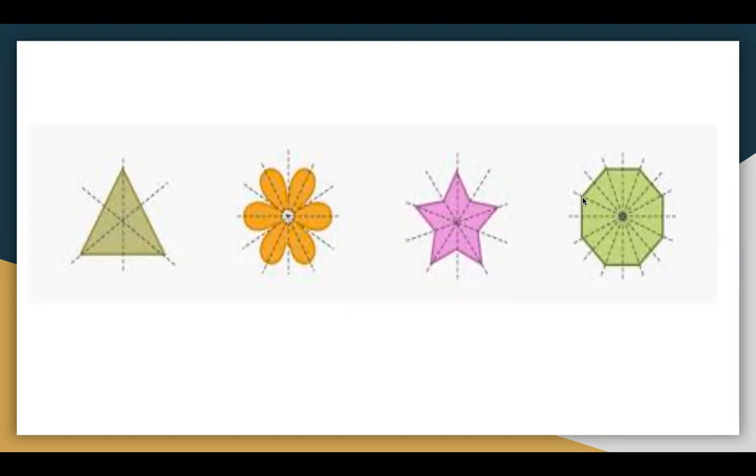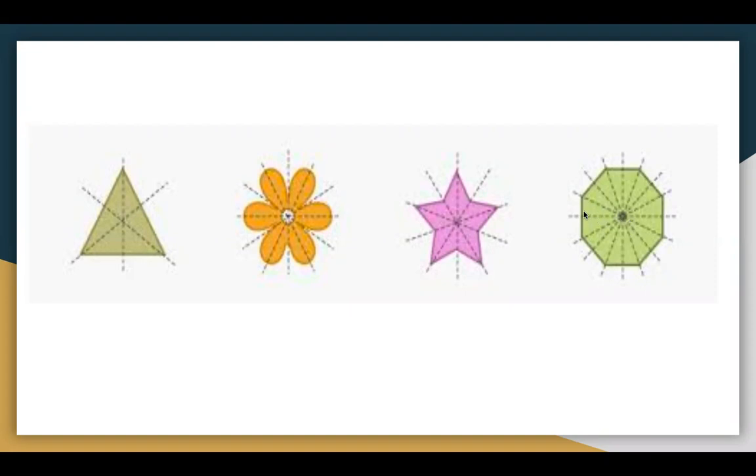So in here, how many corners? 1, 2, 3, 4, 5, 6, 7, 8. Each side has to be equal. So then I can say this is an octagon. So it should be 8.